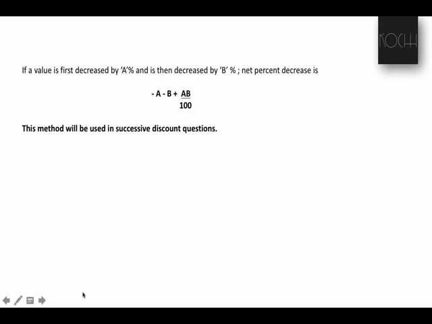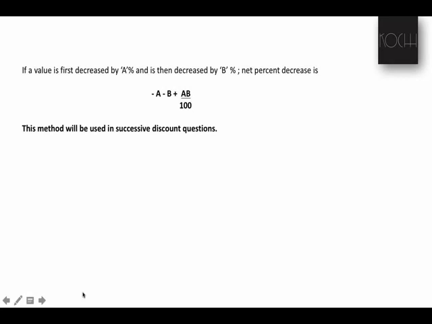Now, if a person is giving you a discount of 50% and then again 50%, and if you add both, then a person cannot offer you a product for free, right? So, what is the person actually doing? He or she reduces the marked price by 50%. Now, 50% of the value is left. Now, he or she will decrease 50% on the remaining value.